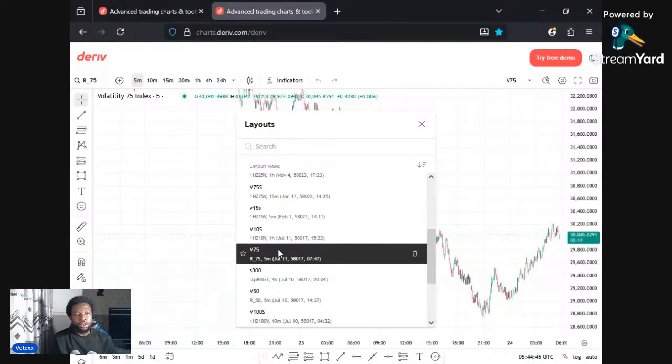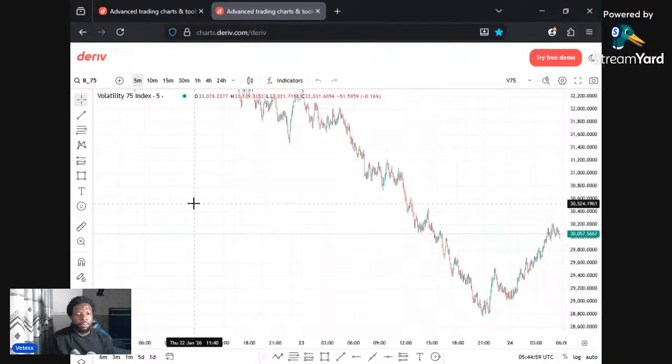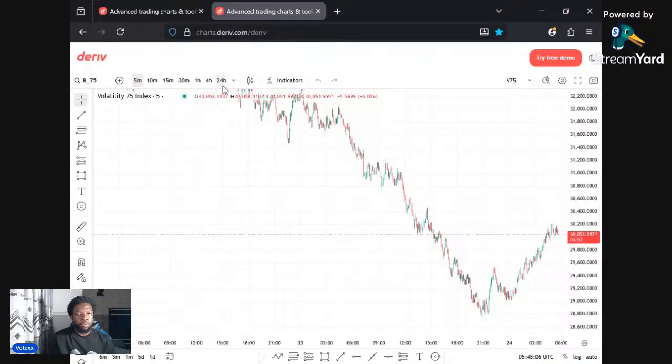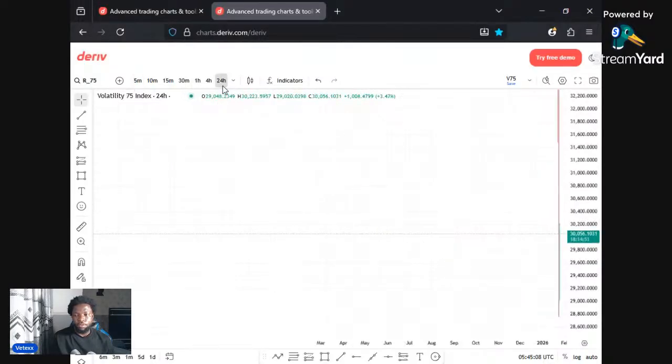So we are going to be checking out V75 next on our watch list, which is going to be this. Starting from the weekly time frame, V25 has been bearish.